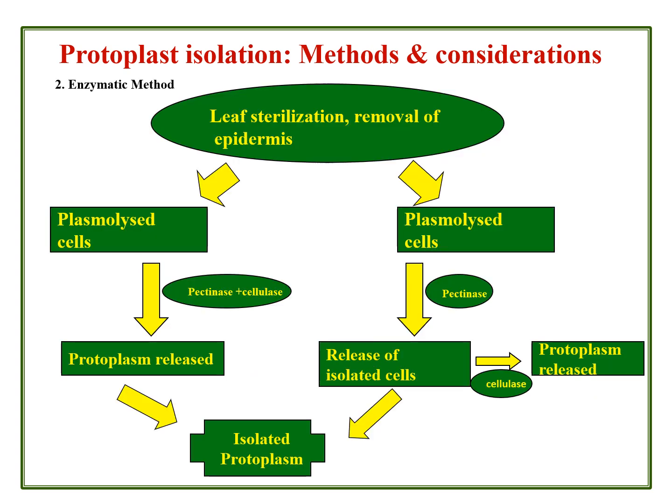In the case of the enzymatic method, leaf sterilization with hypochlorite is done, and the epidermis is removed with a scalpel and needle. Plasmolysed cells will be subjected to a combination of cellulase and pectinase, or to either alone, which can give rise to the release of the protoplast.